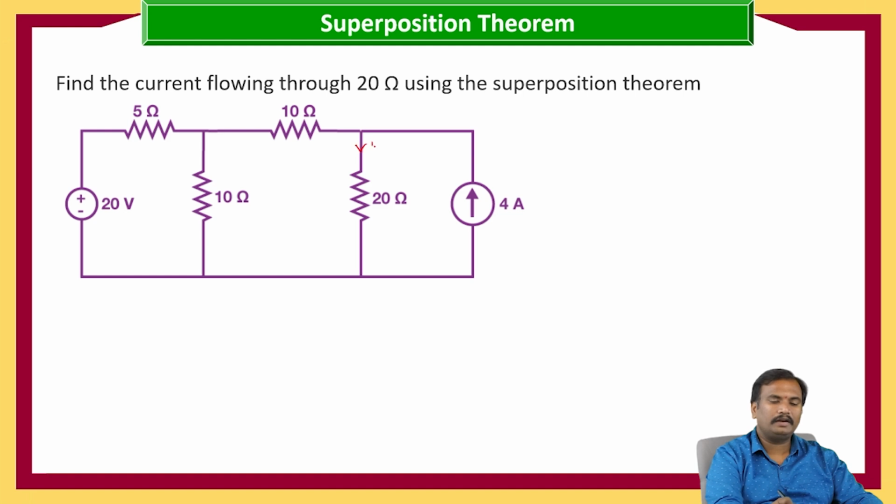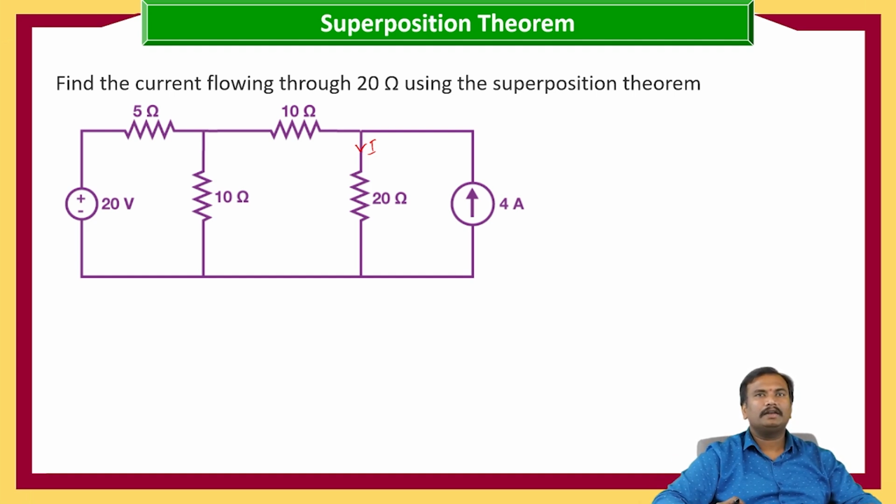In order to calculate the current flowing through the 20 ohm resistance, we start with any one source acting and the other source not operating. Not operating means the voltage source is replaced with a short circuit and the current source is replaced with an open circuit.